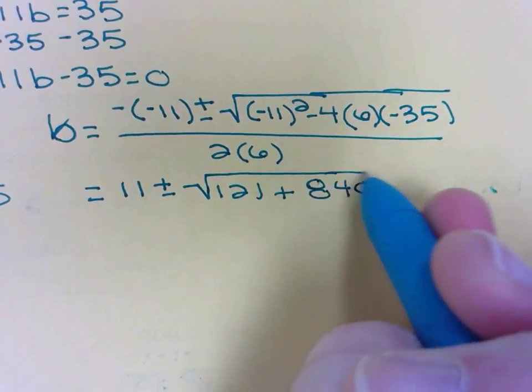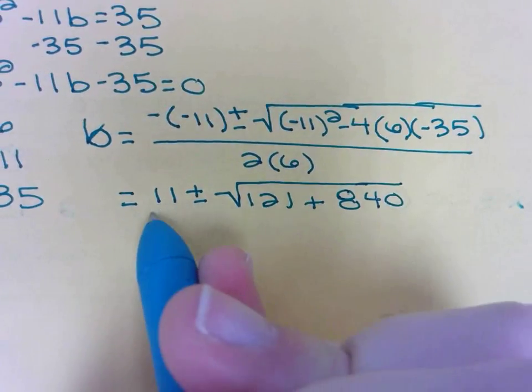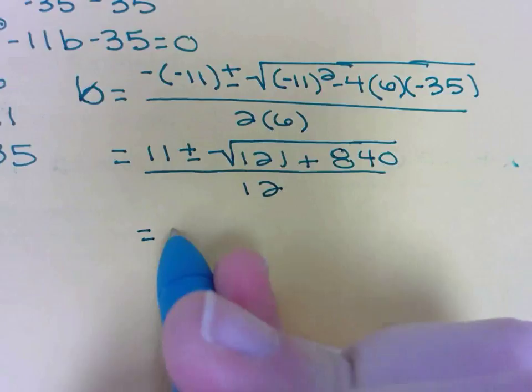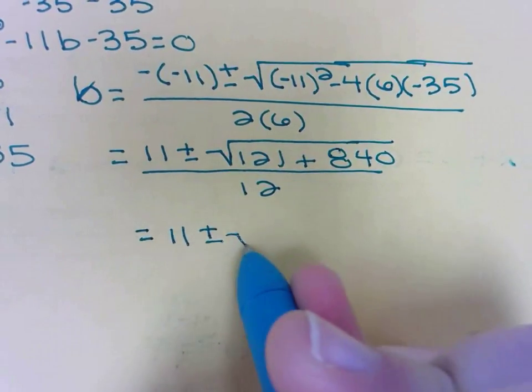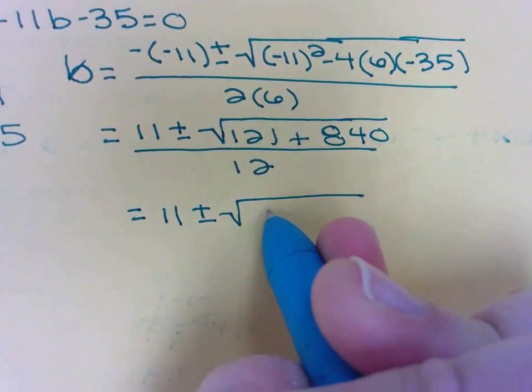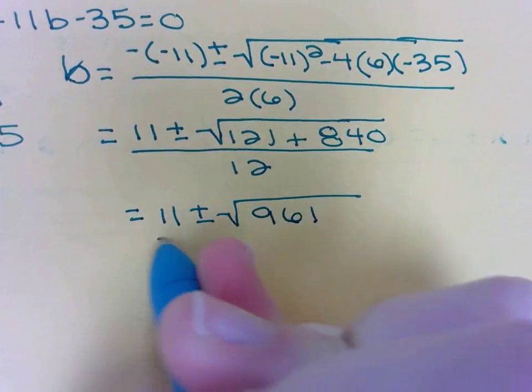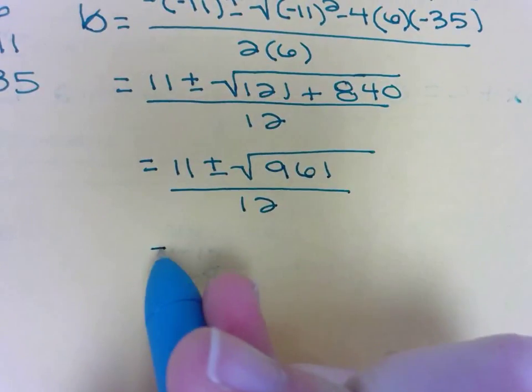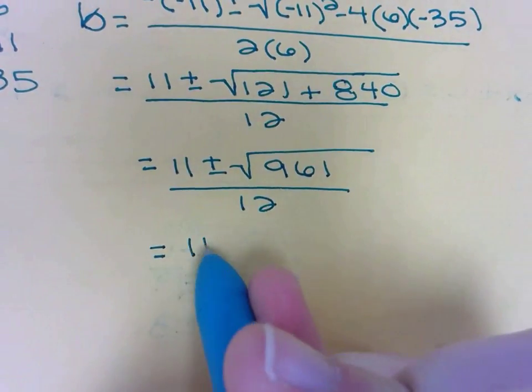Okay. All over 12 equals 11 plus or minus the square root of 121 plus 840, which is 961. Is 961 a perfect square? What is the square root of 961? 31.